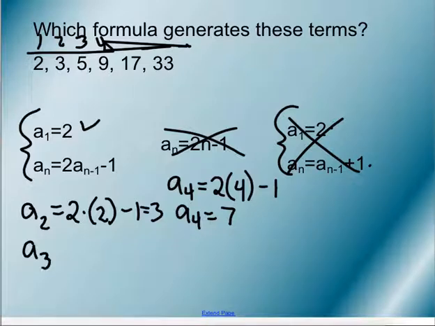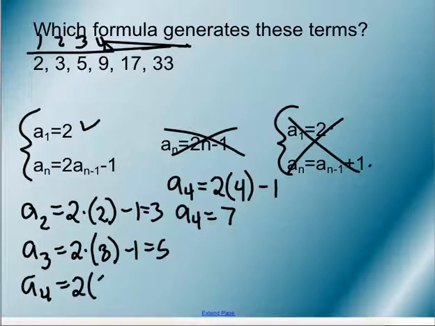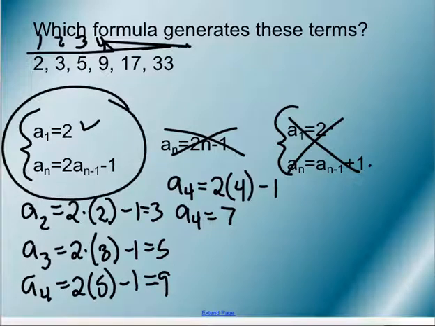A sub 3. We do 2 times my previous term, so that's 3, minus 1. So 6 minus 1 is 5. That works. Let's try one more time. A sub 4. 2 times 5, my previous term, minus 1 is 9. That works. So this is my formula for this sequence.